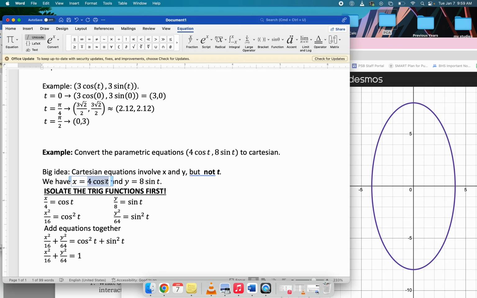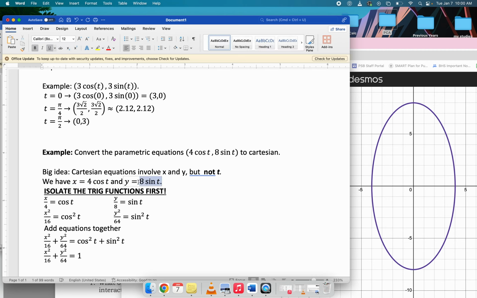But this function, 4 cosine t, has a very restricted range. It can only take on values between -4 and +4. That means that the x-coordinates of the points on the graph must all sit between -4 and +4. And hey, look, that's true for the ellipse.